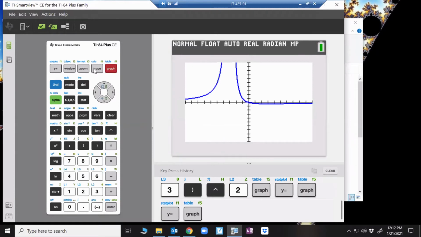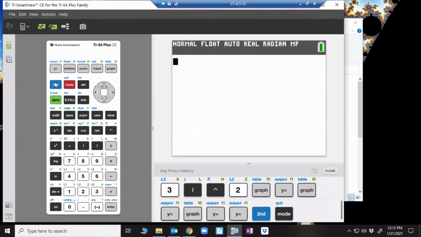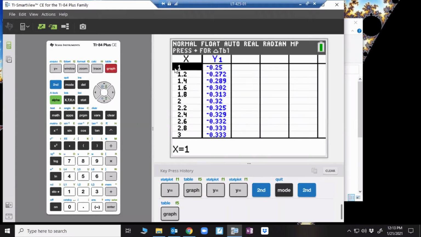There's another feature of this calculator that I want to mention: on the graph button, if we look just above it, it says table. If we do second table, it will show values of x and their corresponding values of y.